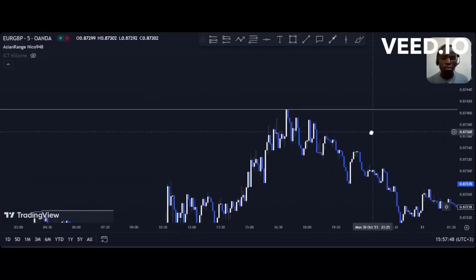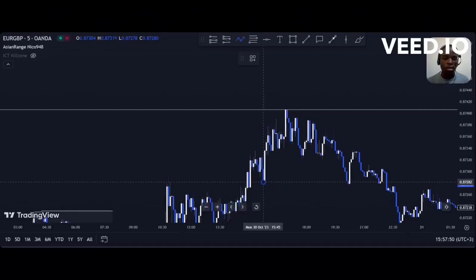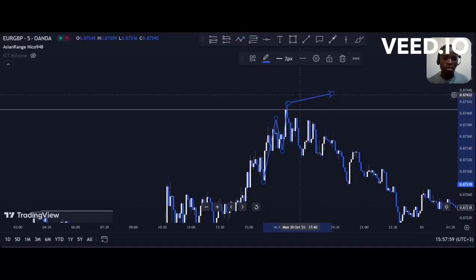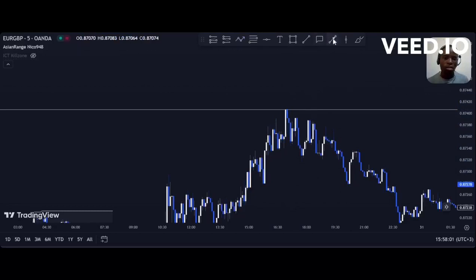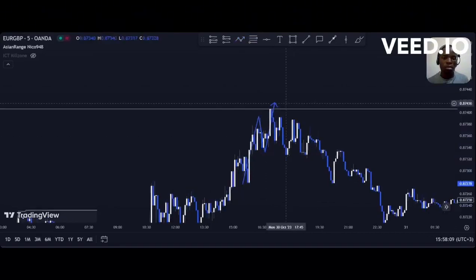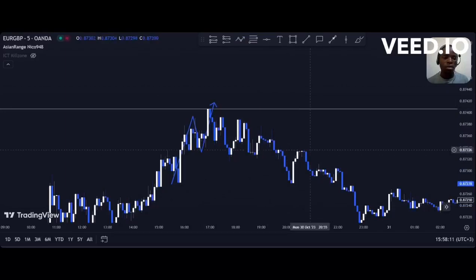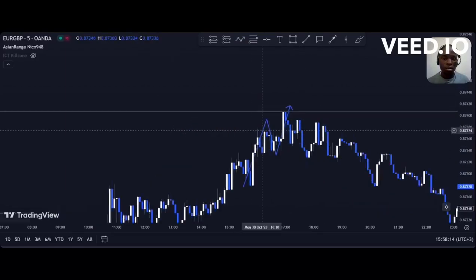So price came, and this was the demand that took out that previous high. Yeah, this is the demand that took out that previous high.